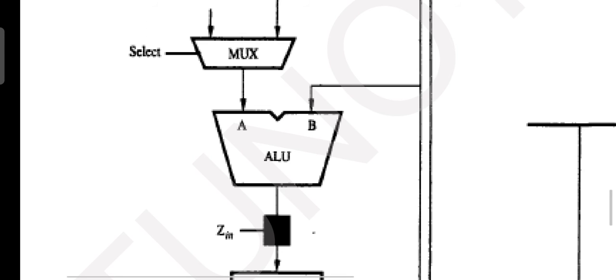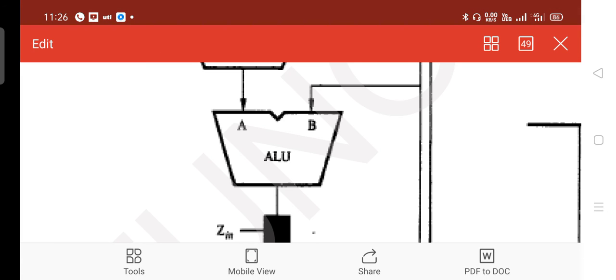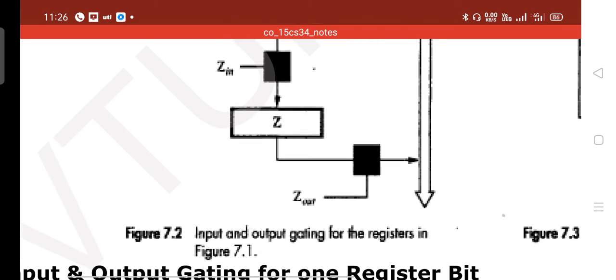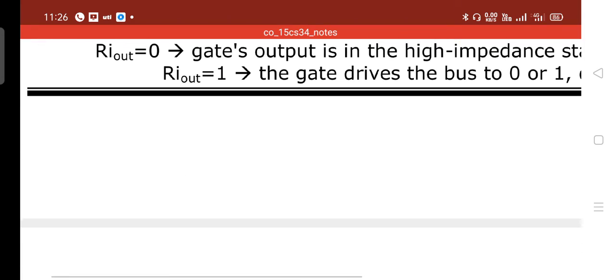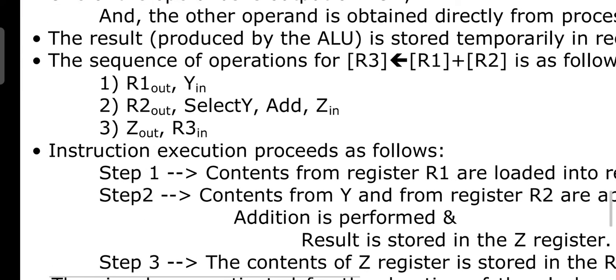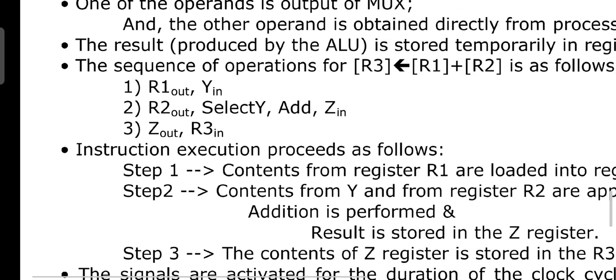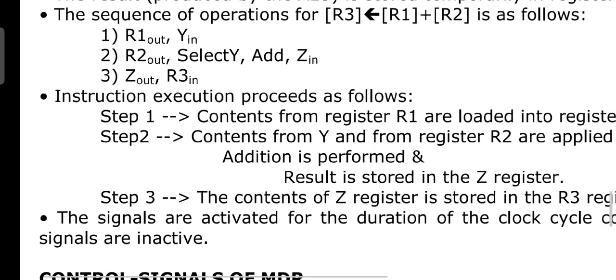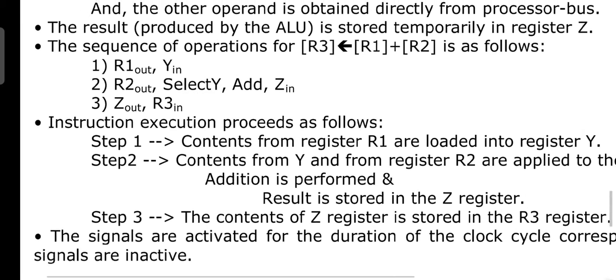So Z out comma R3 in, that's it. Right, which ends the process, Z out comma R3 in as step number 3. You can mention end at last. Please go through the steps and the explanation. If you have any doubt, please ask.